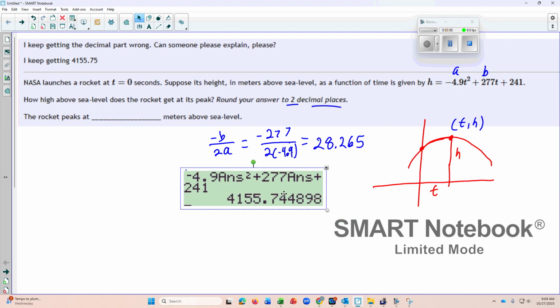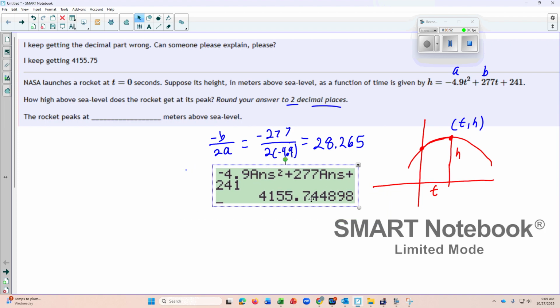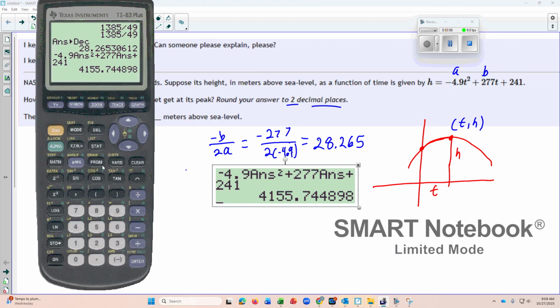Let's see if the rounded answer was about the same. So let's go back to my calculator. This time I'm actually going to type in all the values. So negative 4.9 times 28.265 squared.